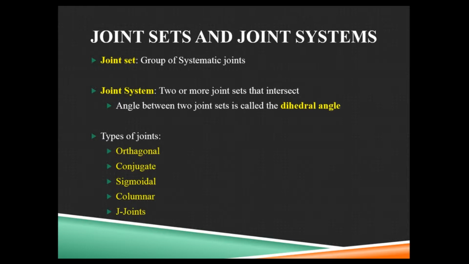Now, the angle between two of the joint sets, whether there's just 2 or 3 or 20, the angle is the dihedral angle. The types of joint systems that we can look at are orthogonal, conjugate, sigmoidal, columnar, and J-joints. Now we'll look at these individually.